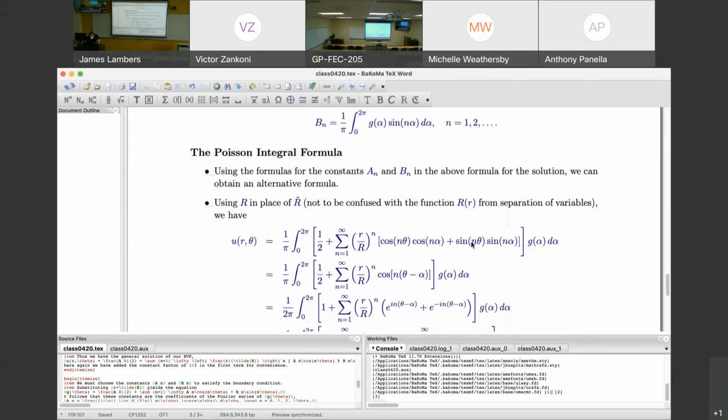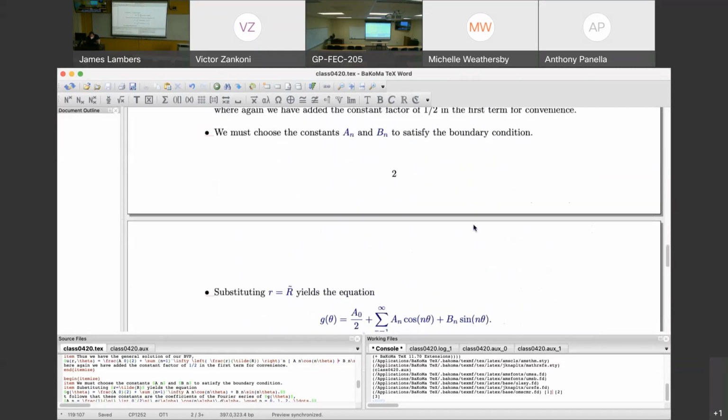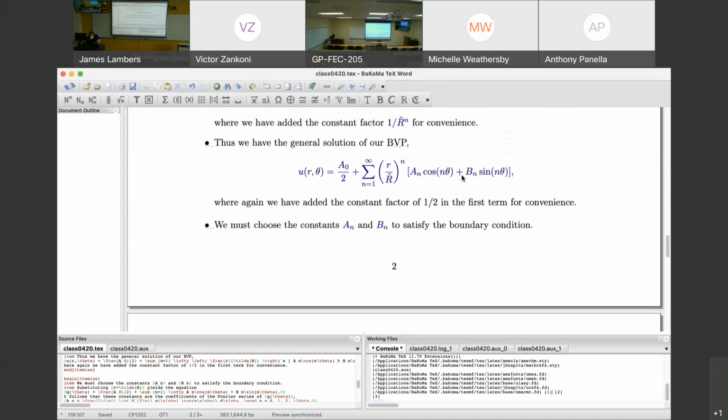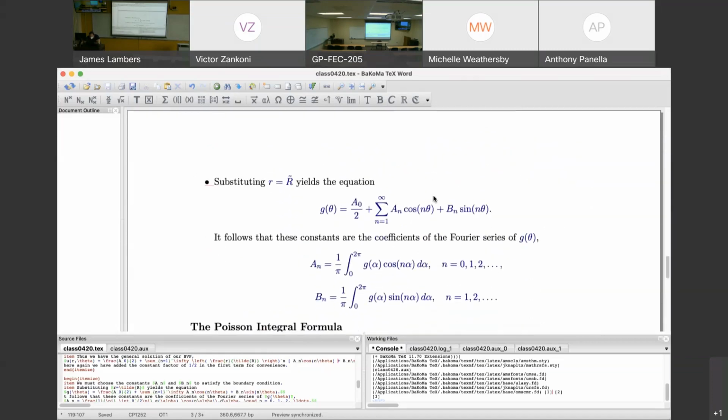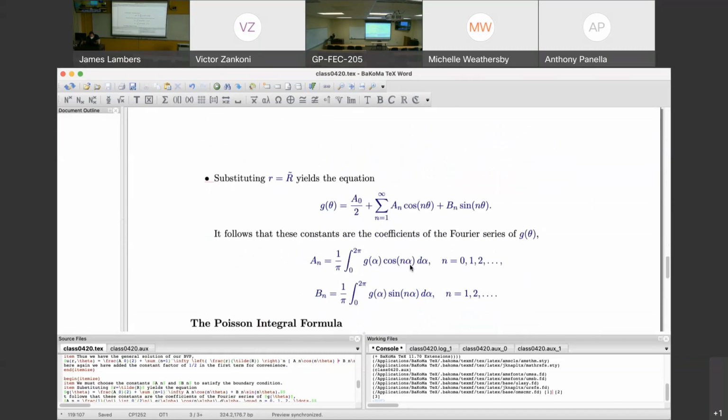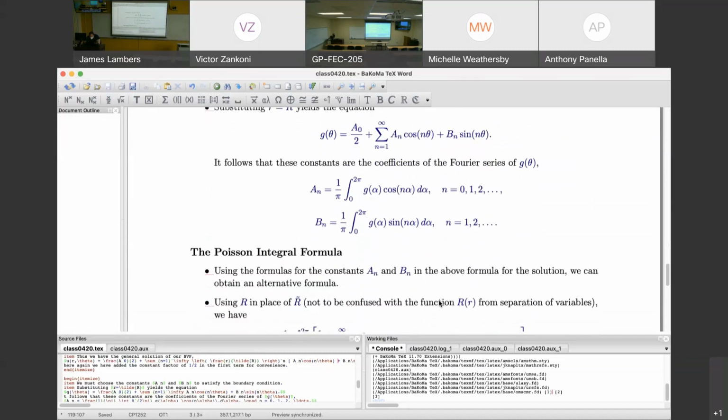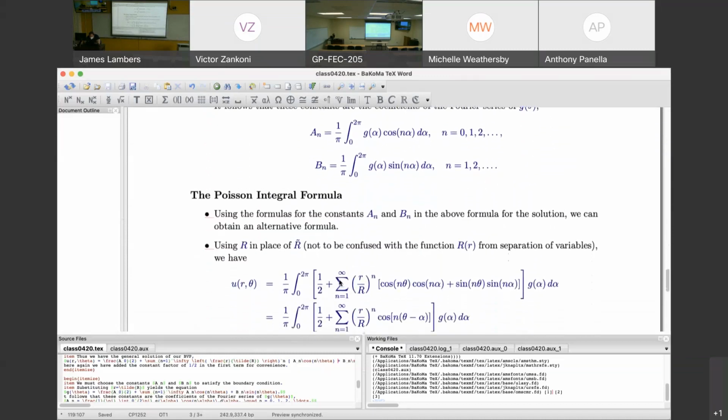So in our general solution formula, you have cosine n theta, sine n theta. But once I include the formula for an in here, cosine n theta will be multiplied by cosine n alpha. And similarly, sine n theta will be multiplied by sine n alpha. So that's what we end up with here.